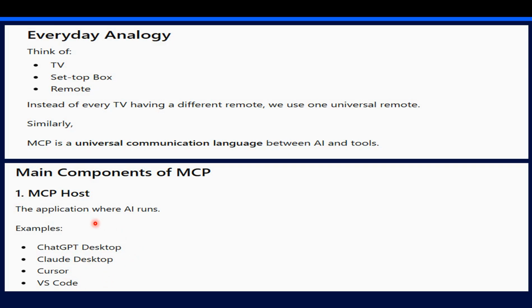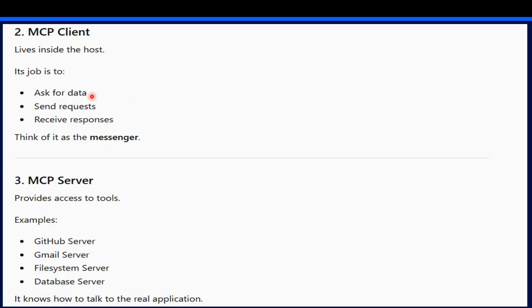Similarly, the second component is the MCP client, which lives inside the host. Its job is mainly to ask for data, send requests, and receive responses. You can just assume it as your messenger. Through a messenger we write a message and receive a response, right? Similarly, the MCP client can also be known as the messenger of the MCP protocol.